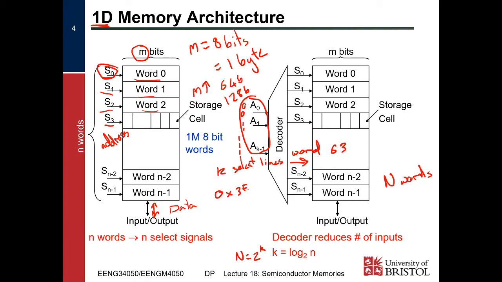It would go to word 63, right? So your pointer says 0x3f, presuming an 8-bit address. You go to word 63, I hope I calculated that right. Yeah, that should be right. In your memory, right? So a pointer is just a number which corresponds to one of the words in your memory. Okay?